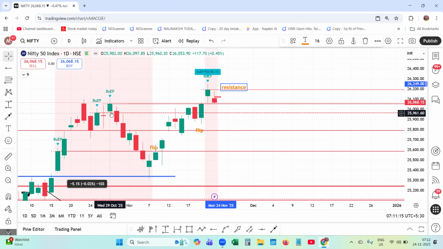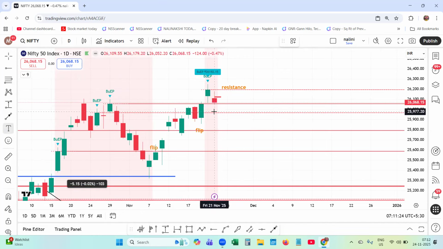And one more level, this is a very, very important level because 25,000. This is 25,000. Let us label. Let me write down 25,955.